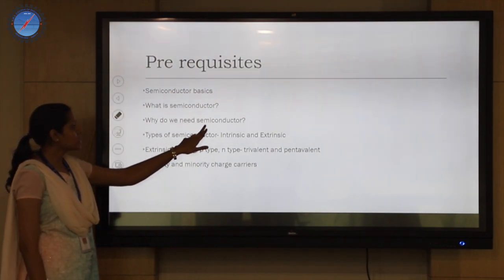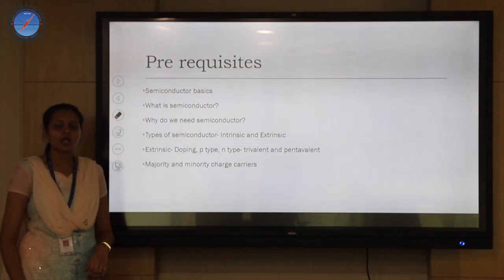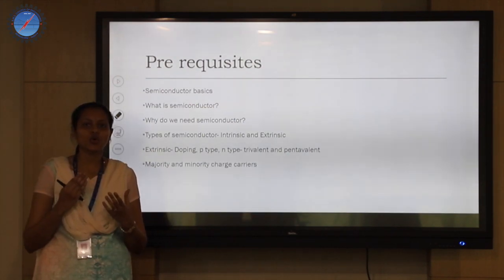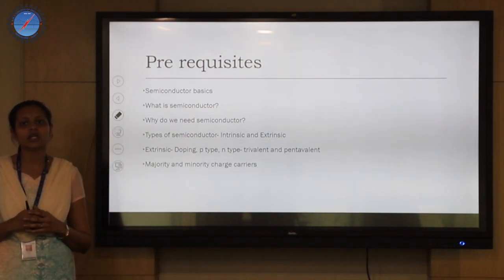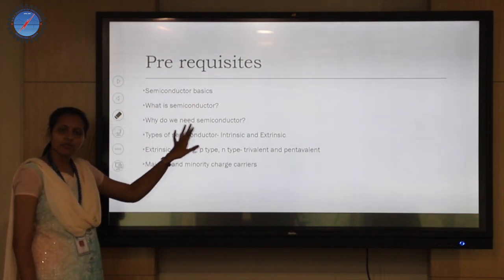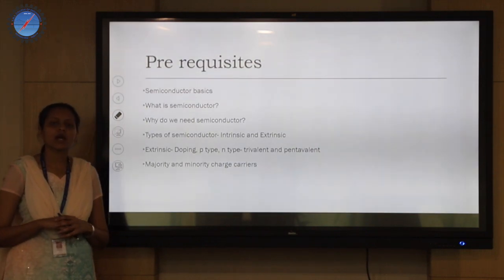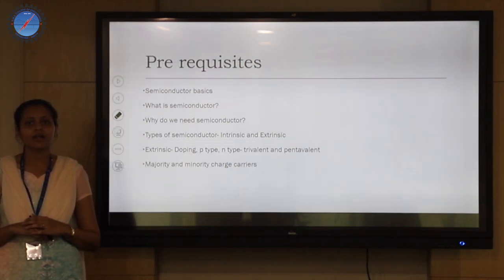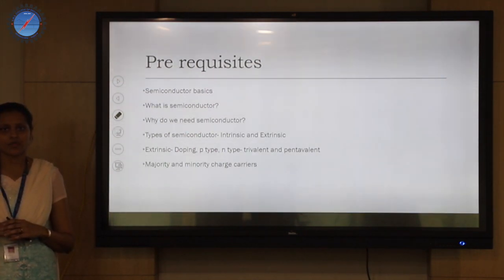Why do we need semiconductor? Semiconductor is needed in order to have control over the current. That's why we need semiconductors. As I mentioned before, the examples of semiconductors are silicon and germanium. These are tetravalent atoms.